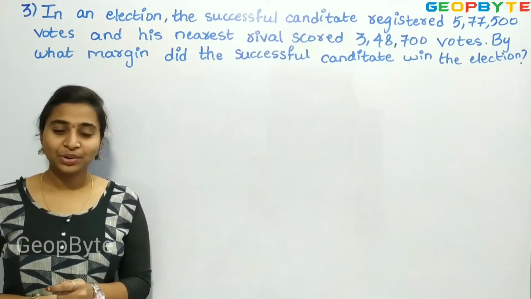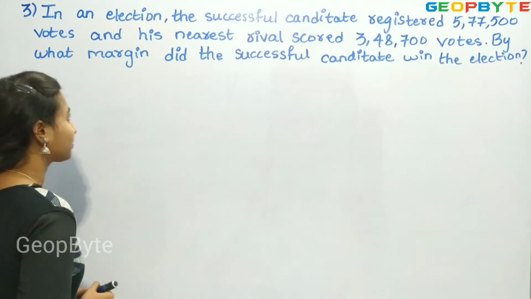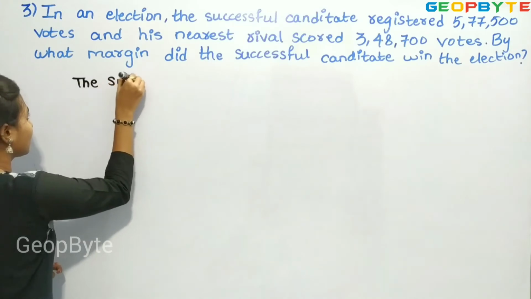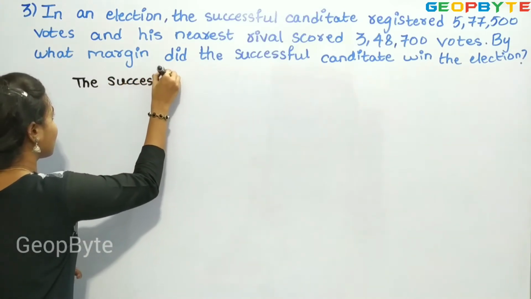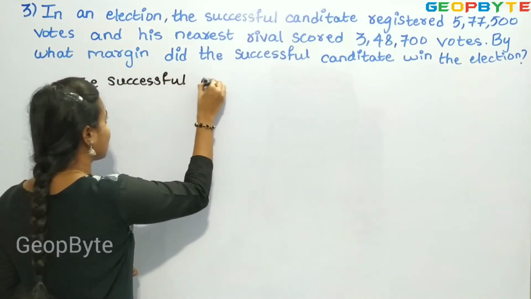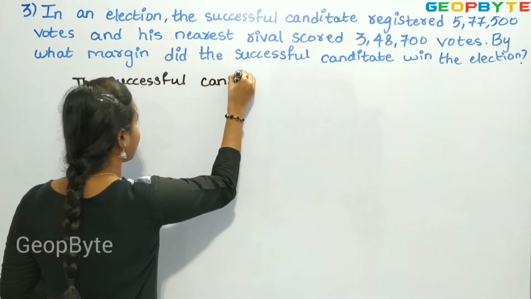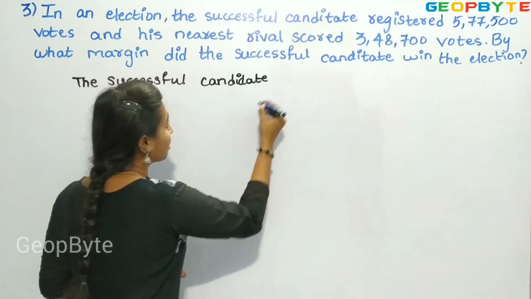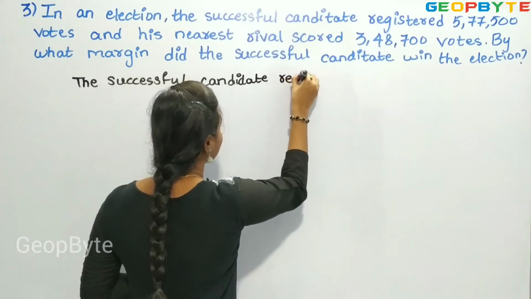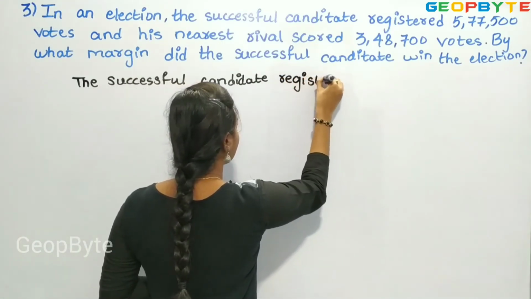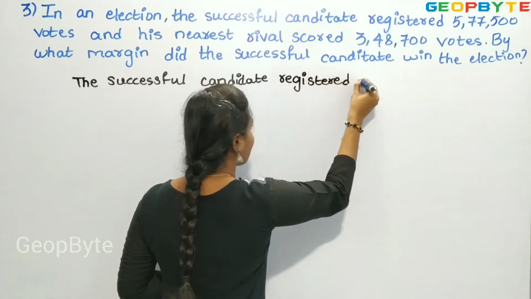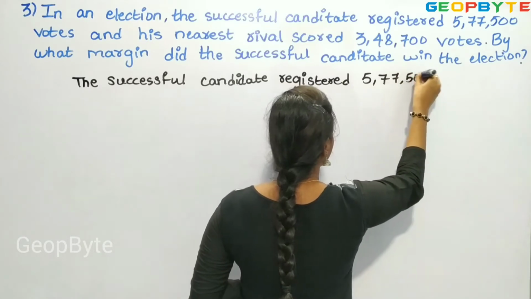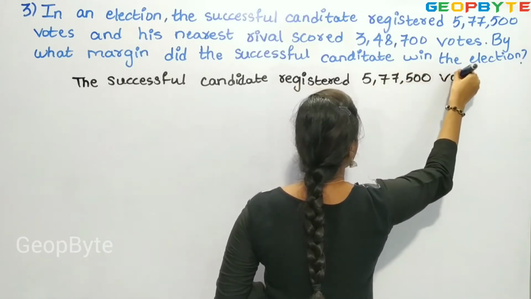First, let us write down the given data. The successful candidate registered 5,77,500 votes.